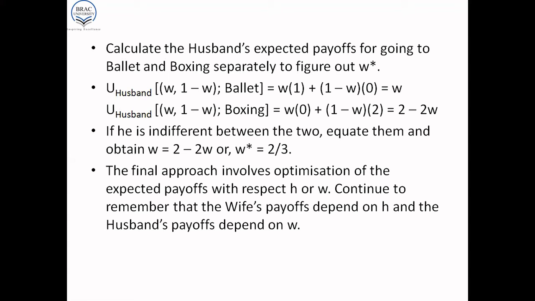So let's calculate the husband's expected payoffs for going to ballet and boxing separately to figure out W star. So once again, use your own payoff, but the other's probability. So that's the thumb rule.